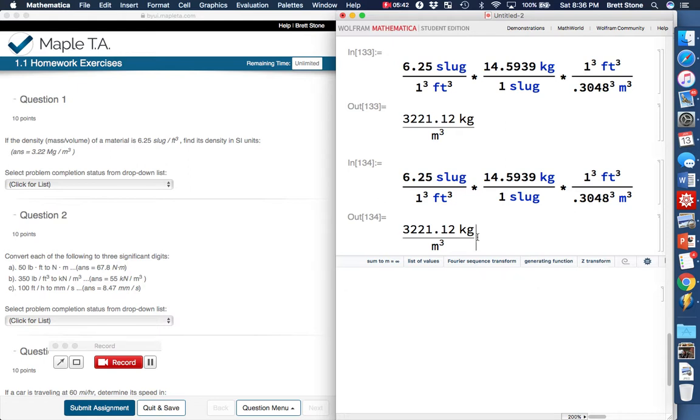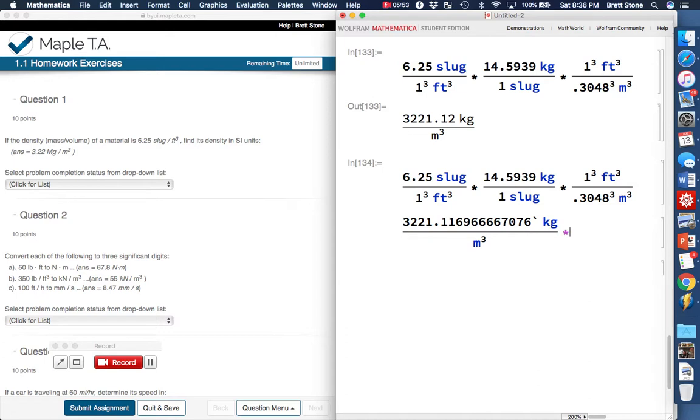And then we say, wait, but they want the answer in 3.22 megagrams per cubic meter. Well, how would we do that? We multiply. So that's just Shift 8 to get multiply. Now I want megagrams. How does megagrams relate to kilograms? Megagrams is Control / megagrams to kilograms. I want kilograms in the bottom.